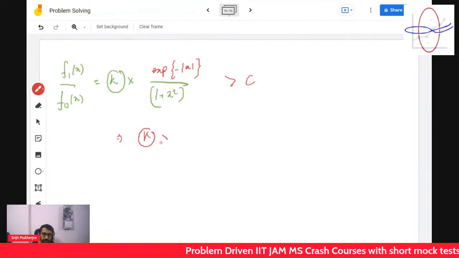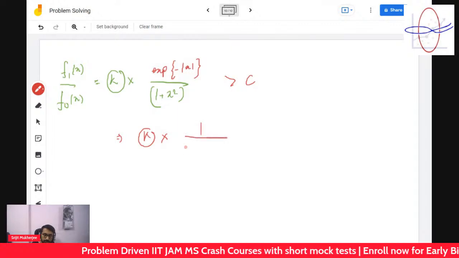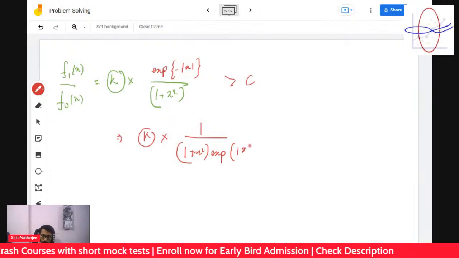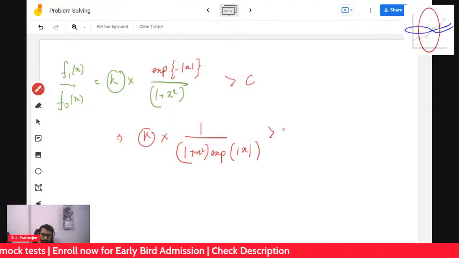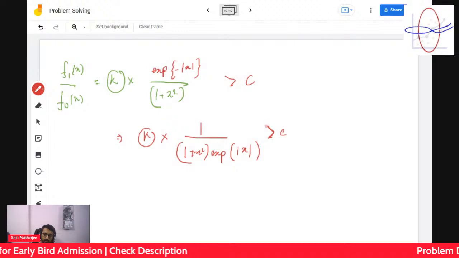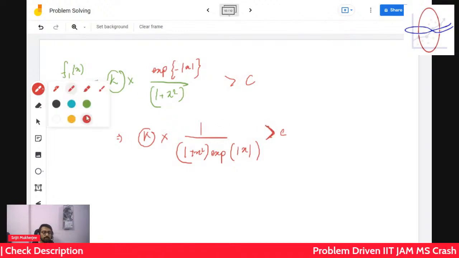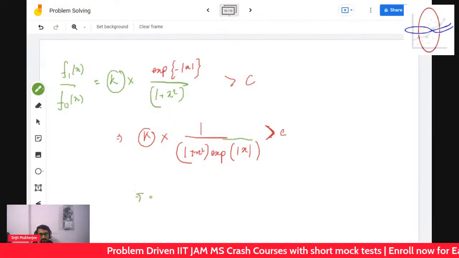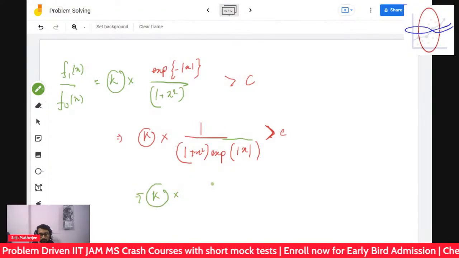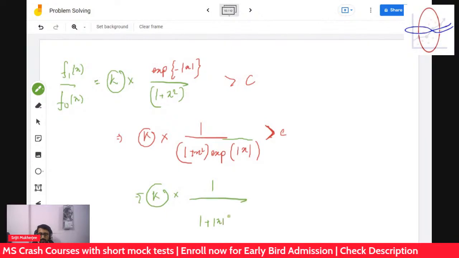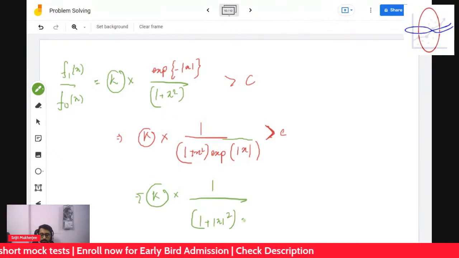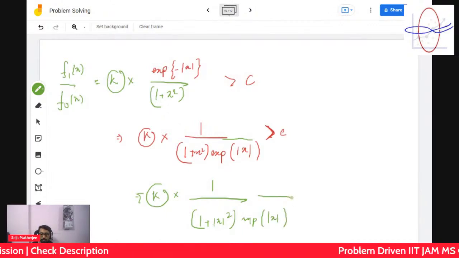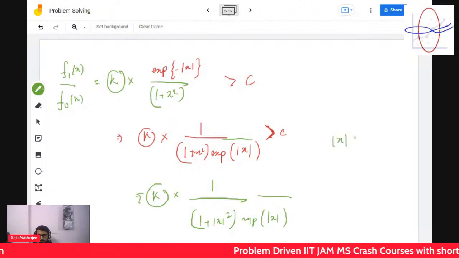Some k positive times 1 by 1 plus x square by exponential mod x is greater than c. Can you just tell me what is this? So you can write it as k times 1 plus mod x whole square into exponential mod x, and mod x is greater than 0.